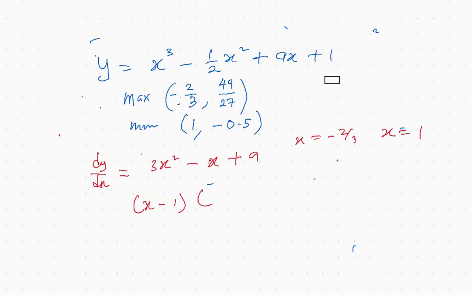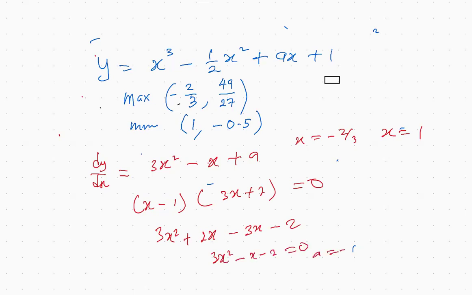When you expand it, 3x squared plus 2x minus 3x minus 2, which gives 3x squared minus x minus 2 equals 0. So a equals minus 2. That's it, you get that one straight away. It's very straightforward.